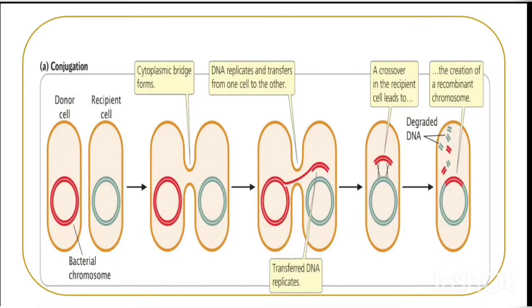The transferred DNA subsequently replicates, and crossing over takes place in the recipient cell, leading to the creation of a recombinant chromosome. So this process is conjugation in short, and in other video lectures we will discuss this topic in much more detail.